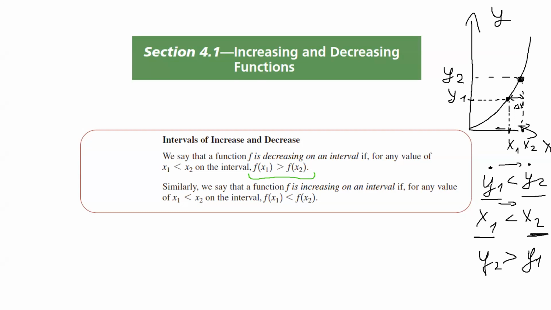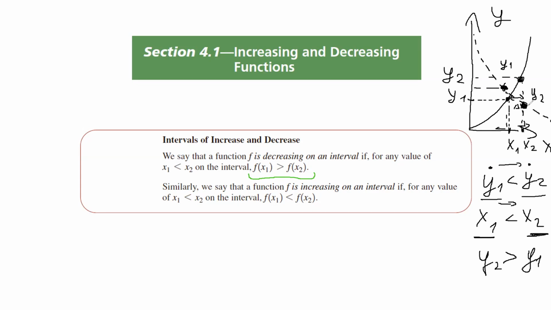But the other way around, if I increase the x coordinate but my function value decreases, what if my function was like a mirror image of this one, like this? Then if I take the x value, x1 was here, and y2 is going to be lower than y1 in this case.